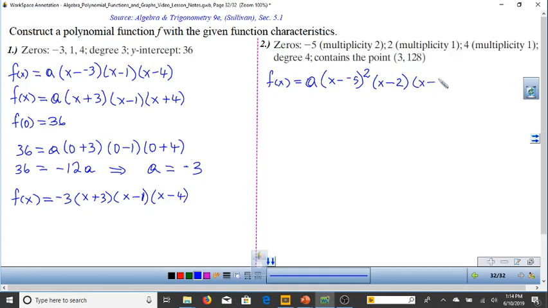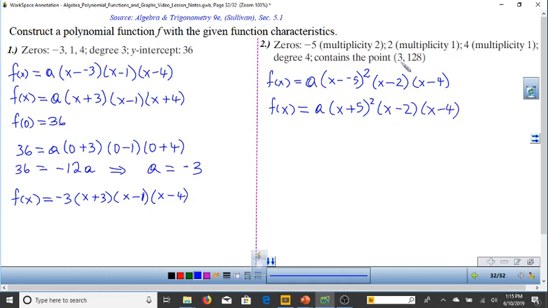Then x minus 4, that multiplicity is also 1. The degree is 4, so we should have at most 4 zeros, which we have a duplicate here. So we have 2, which is duplicated, and then 2 more, that's 4. So when I work this out, I get f of x is equal to a times x plus 5 squared times x minus 2 times x minus 4.